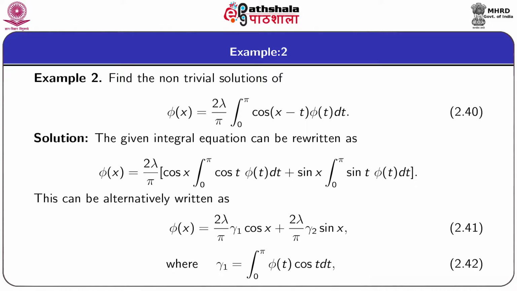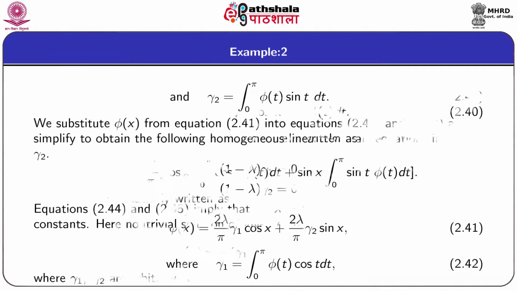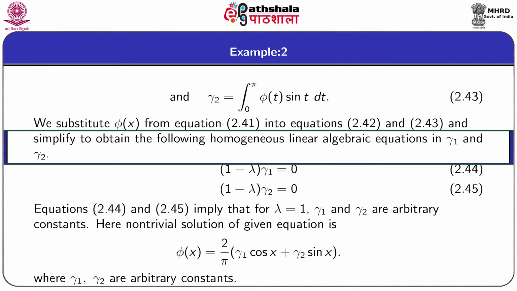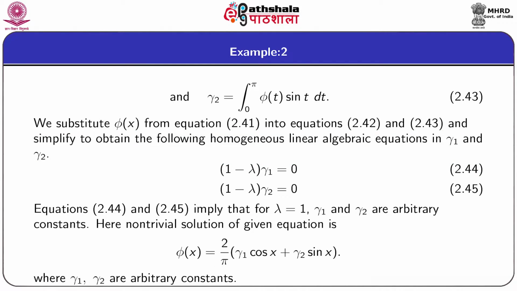To know this, we substitute phi(x) from equation 2.41 into equation 2.42 and in equation 2.43 and simplify to obtain the following homogeneous linear equations in gamma 1 and gamma 2 as given by equations 2.44 and 2.45.